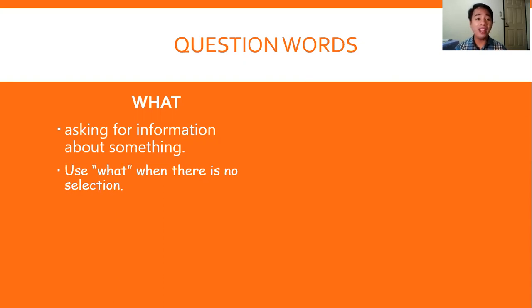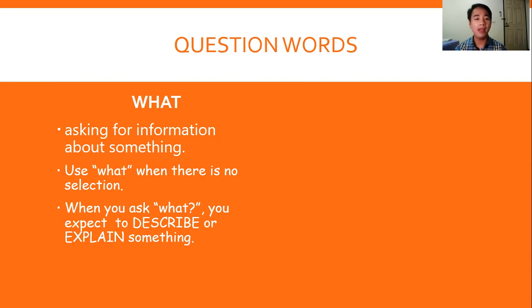Remember, you use the question what when there is no selection, so you cannot choose between the two. When you ask what, you expect to describe or explain something in detail. So that is how you use the question what.